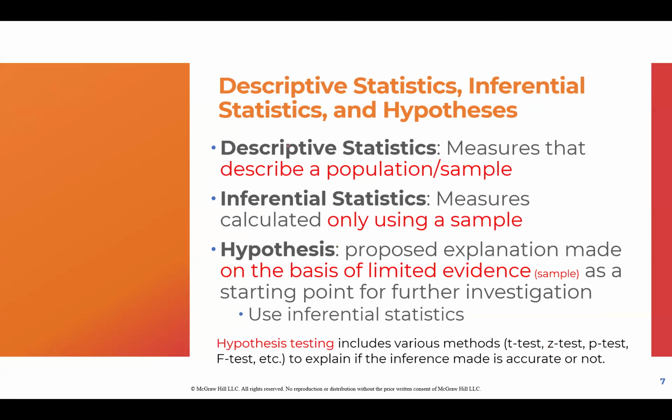In this, we talk about descriptive statistics: describing the population and the sample. And inferential statistics: when you find out the sample characteristics, what do you infer from there? Can you apply that to the population? Hypothesis testing is about the association of the sample with the population.